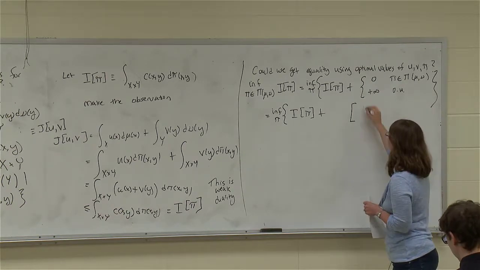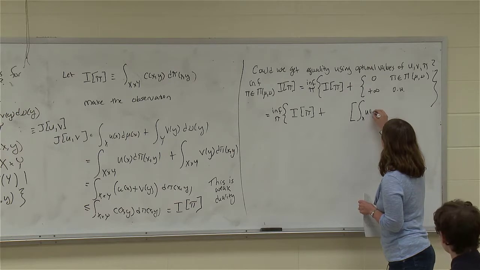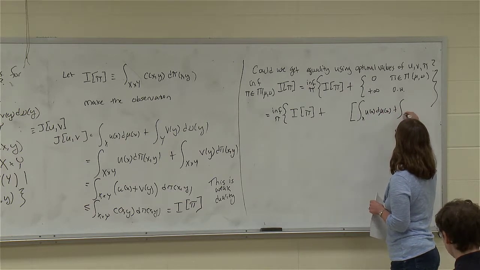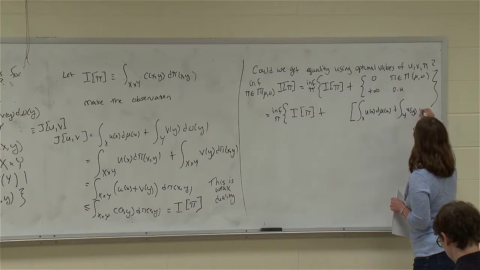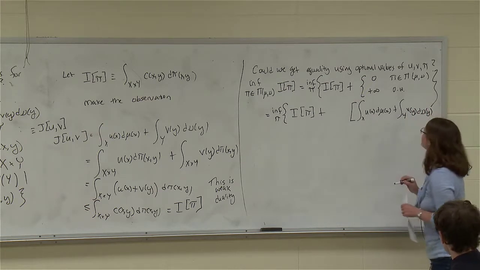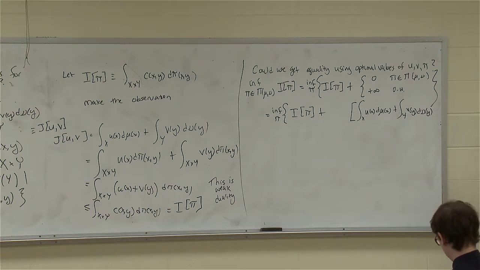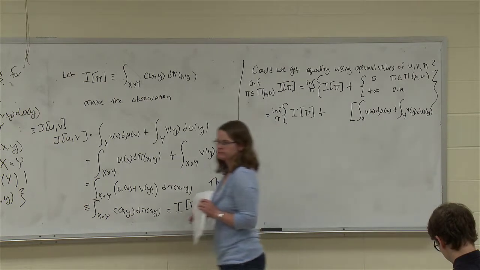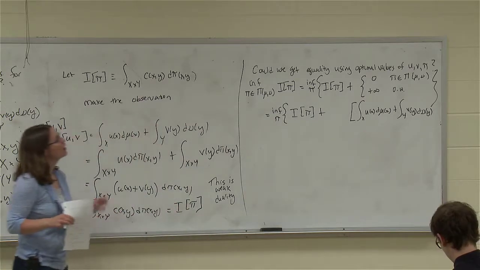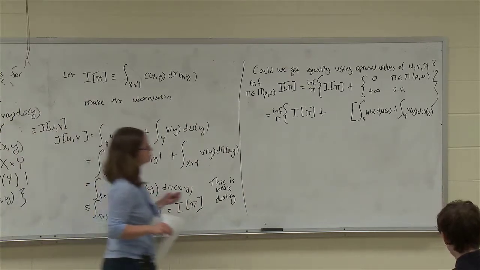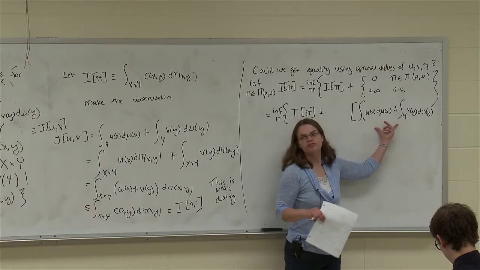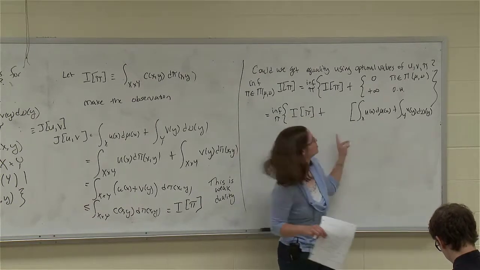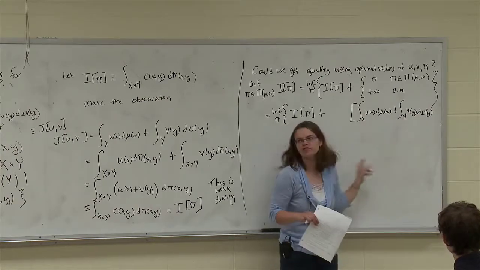Okay, so I'm going to have u d mu plus v d nu. Now, this is not expected to be 0, certainly. I want to subtract off something so that this whole thing is equal to 0 if we're in our feasible set.